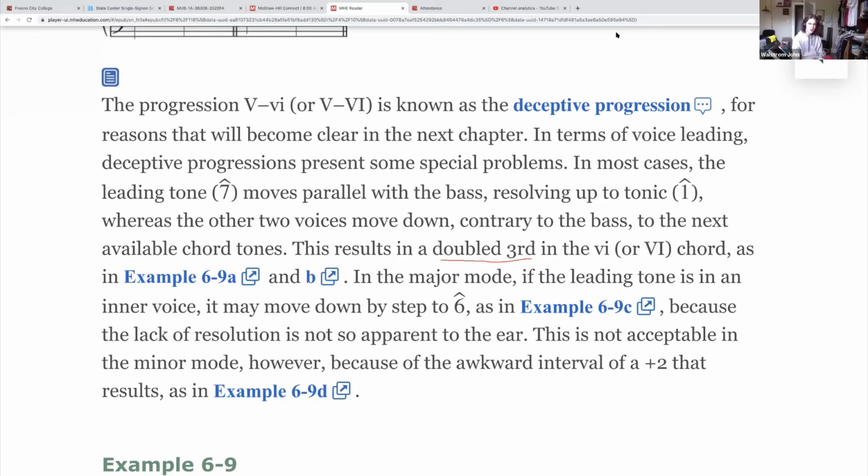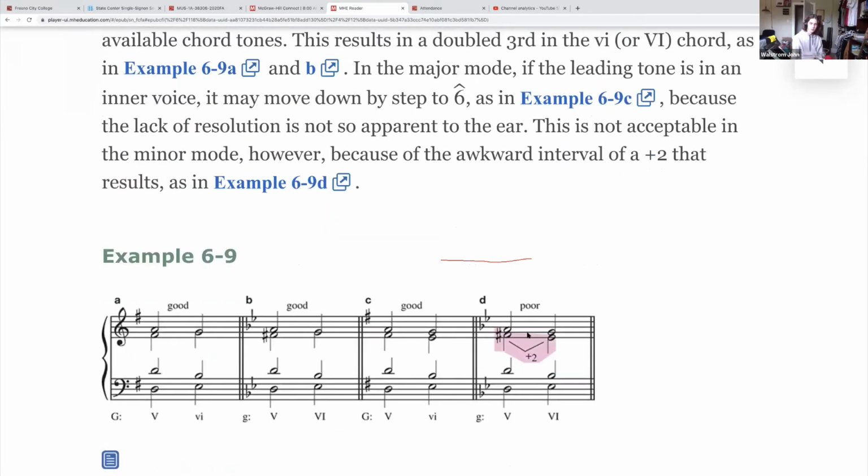Are they just talking about the augmented second in the minor? I think so, in minor. Yeah, because they're saying it as a poor example, right?